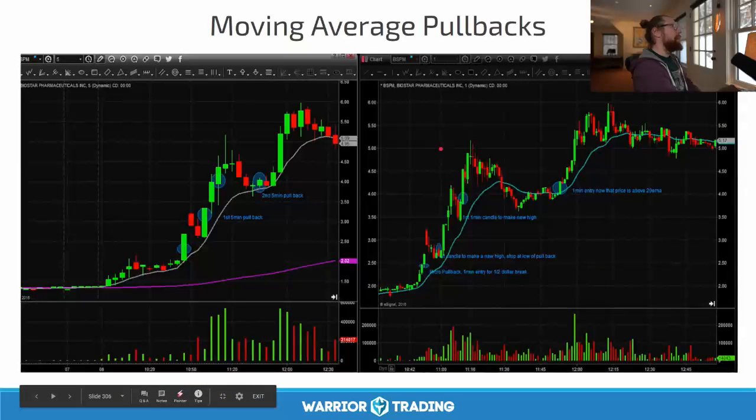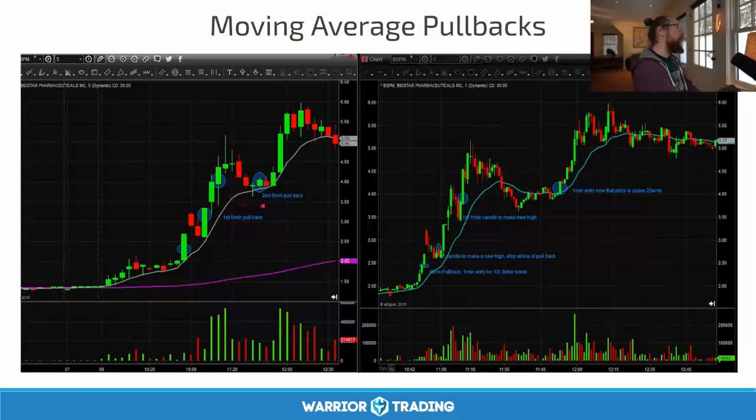Again, generally when we're talking about moving average pullbacks, we're talking about bull flags that are just not clean. Here's another one in this area right here, where it had such an extended move from 2 all the way to 550 or so, that when it pulled back, it had a really sharp pullback. And that's not uncommon that you'll see a really big move and then a really sharp pullback. So now the first candle to make a new high, it was a high of over 5 and then it pulls back down to like 360 or whatever. So, it's a big pullback.